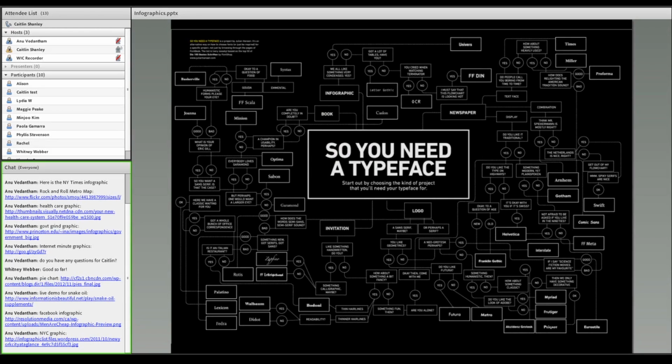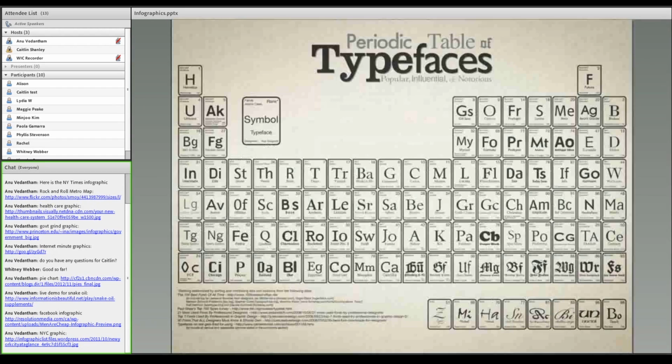It takes you on a flowchart journey, asking what kind of project you're trying to do and helping you pick a typeface, while also illustrating just how complicated choosing type can be. To use another convention in a new way, this is another periodic table. This one talks about typefaces and groups them based on what type of type they are. Is it serif or sans serif? Stuff like that.